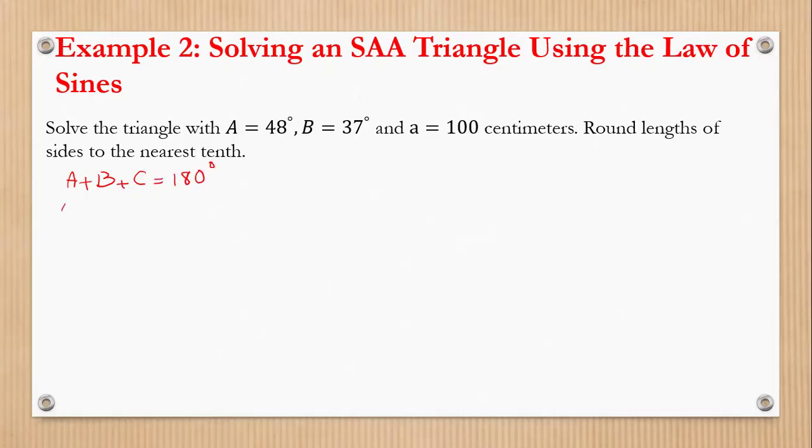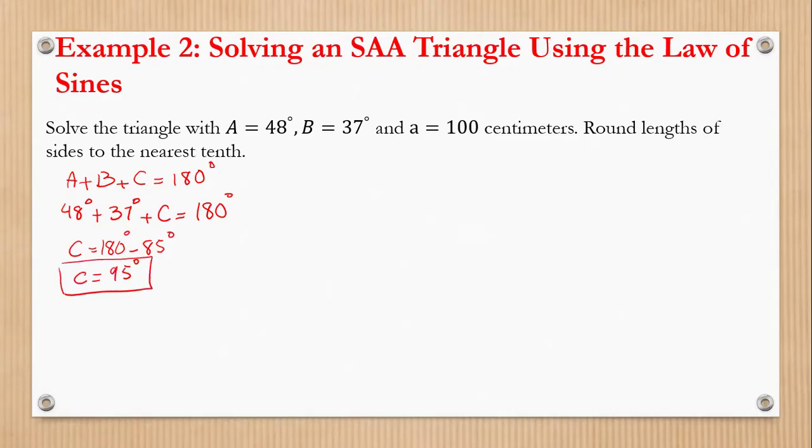If A is 48 degrees and B is 37 degrees, I can find angle C. 48 plus 37 is 85 degrees, and if I subtract 85 from 180, I get that C must be 95 degrees.